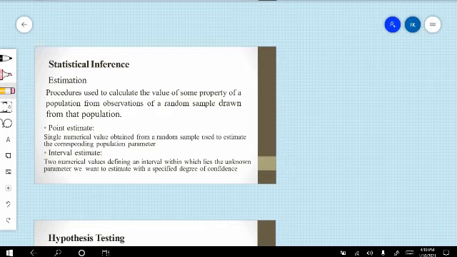Point estimate: a single numerical value obtained from the random sample used to estimate a corresponding population parameter.